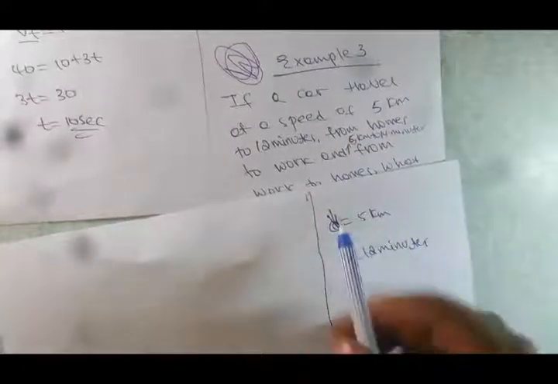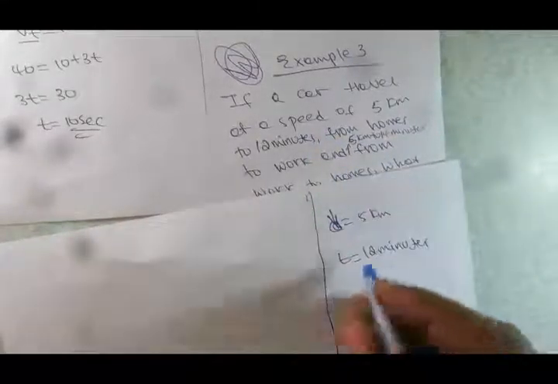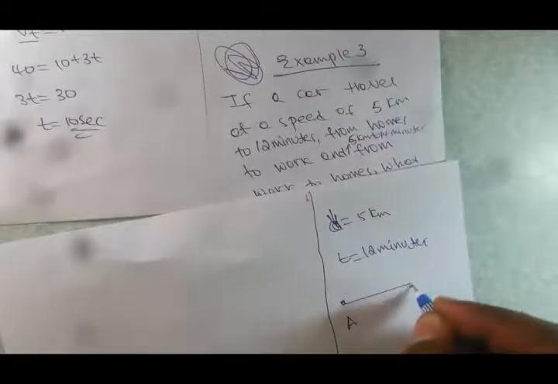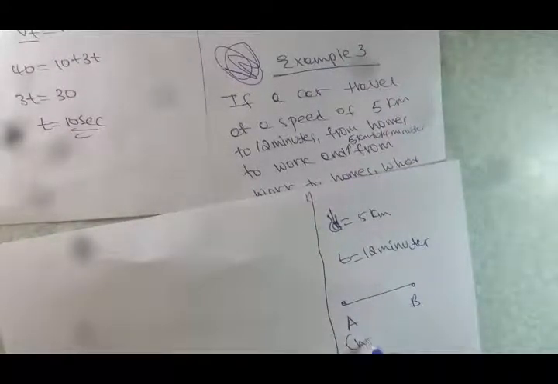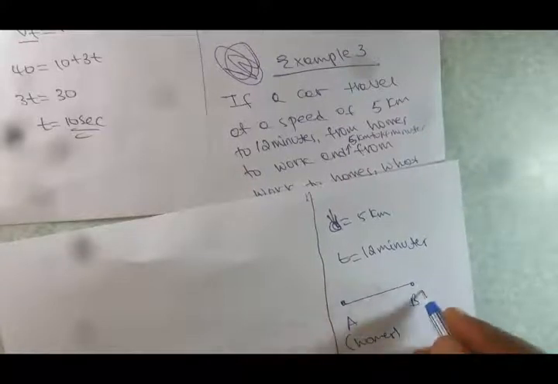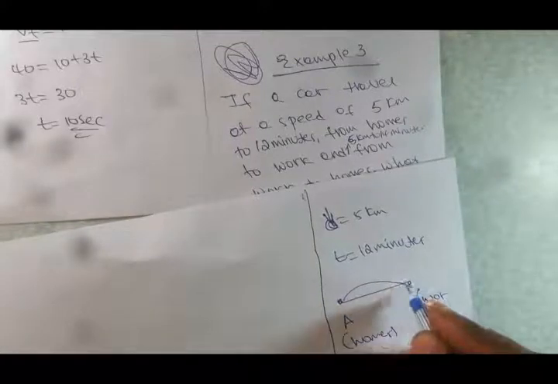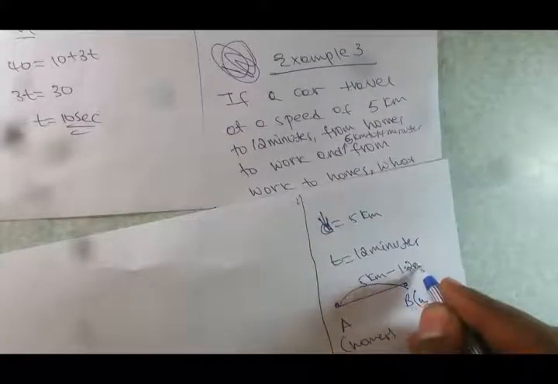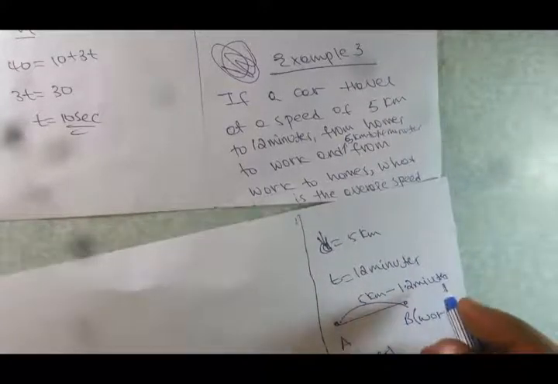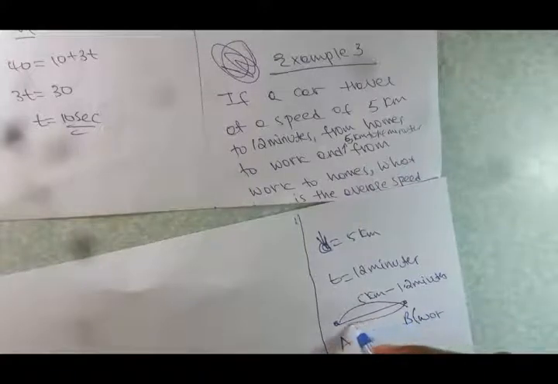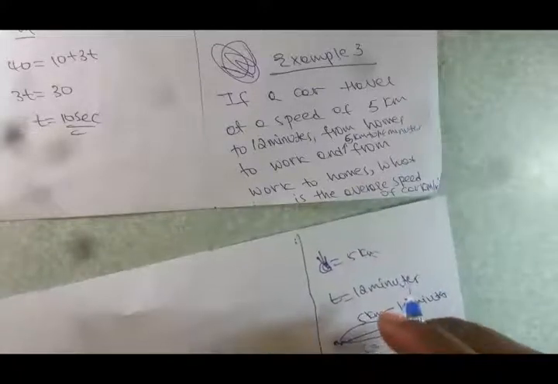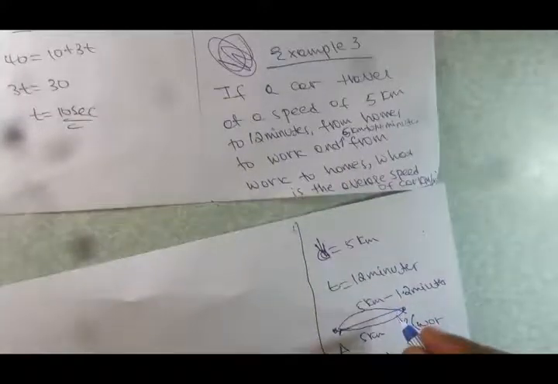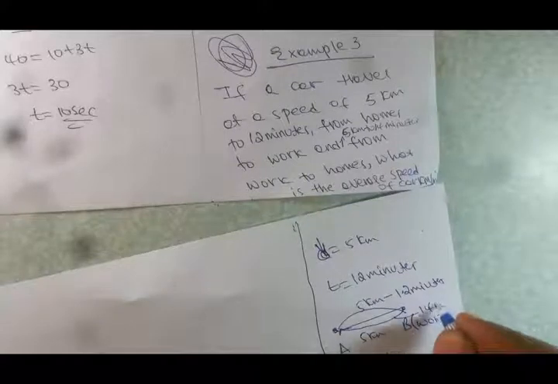It was a car traveling from home, let's say A, to work, let's say B. So the total distance from home to work is 5 kilometers, and it traveled in 12 minutes. And from work to home is the same 5 kilometers, and it was traveling at a time of 14 minutes.